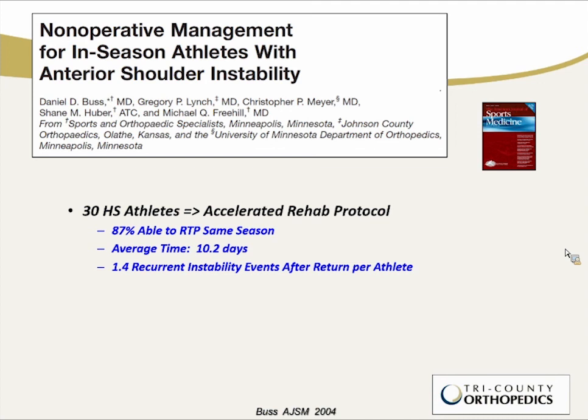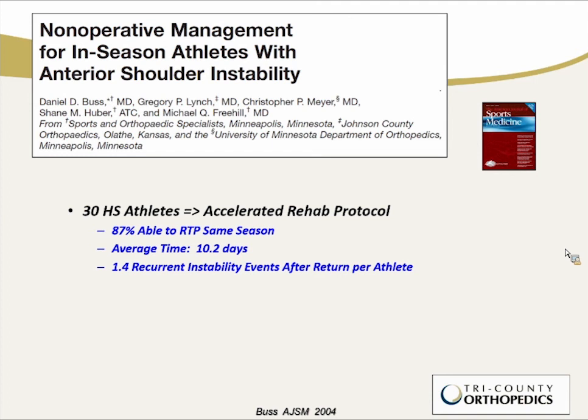But being able to return to play doesn't always tell you everything. They were able to get back in an average time of 10.2 days, which is very quick. It used to be thought that it was three, four, or six weeks, who knows, before you could go back. But I would point out, what is success?